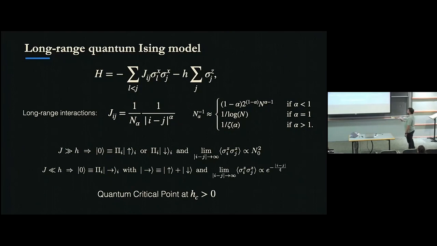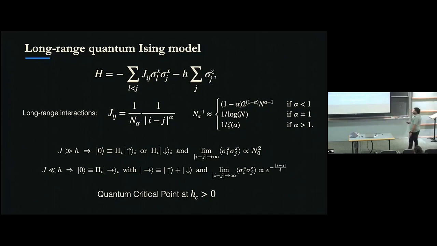And the only little tweak that I'm going to add to the standard textbook example is the same tweak that many of you have used. I introduce a ferromagnetic coupling which decays as a power law. As I said before, depending on the value of the power law, I may have to introduce a coefficient that scales with the system size in order to restore energy extensivity, but this is not crucial.